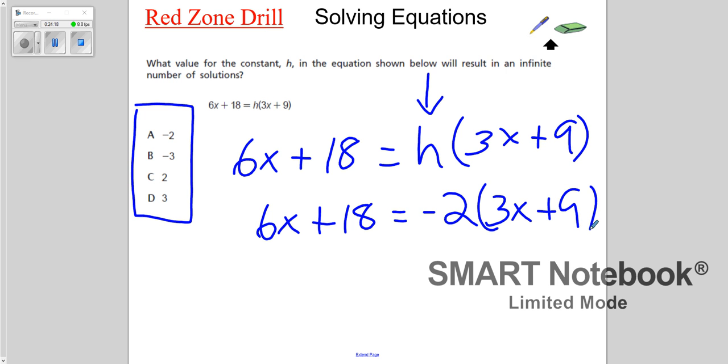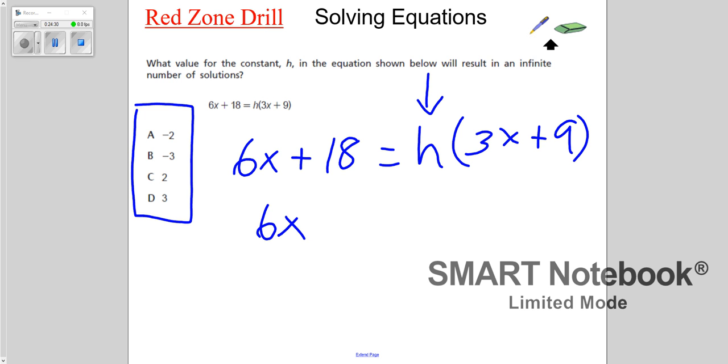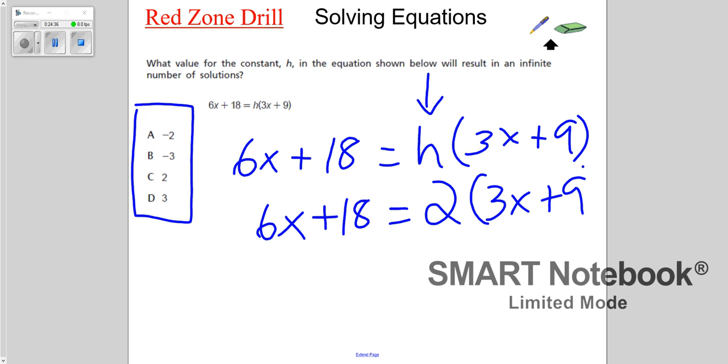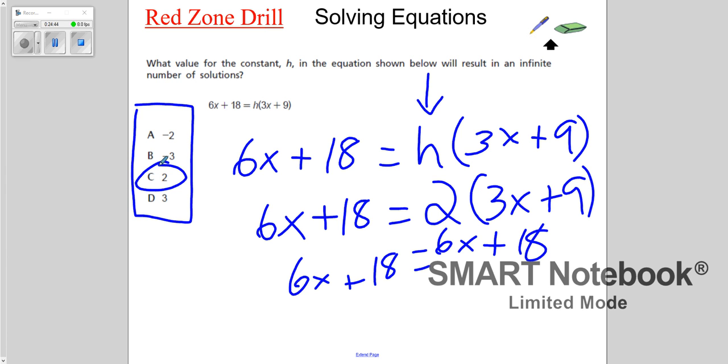Distribute that, and you get negative 6x minus 18. Well, close, but not exact, but that should give you an idea of what the actual answer is. So instead of trying negative 2, let's try positive 2. So I'm replacing the h with a positive 2, and then I'm distributing. 6x plus 18 equals 6x plus 18. Perfect. Choice C.